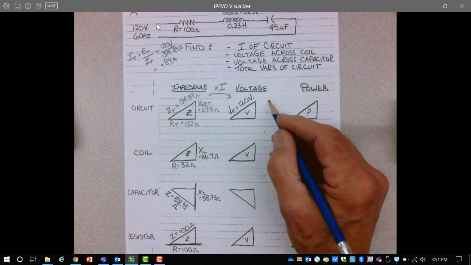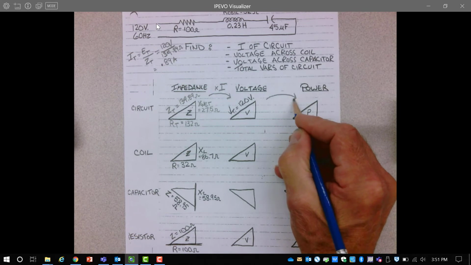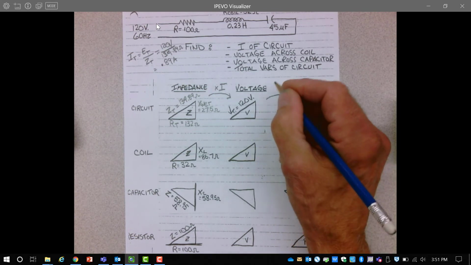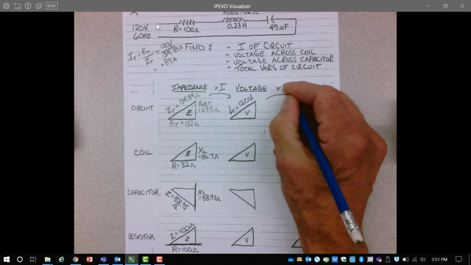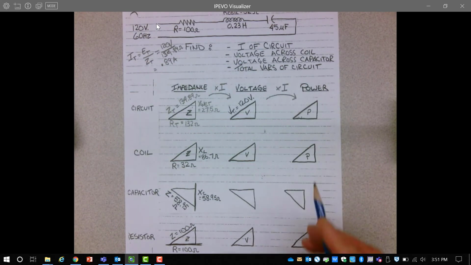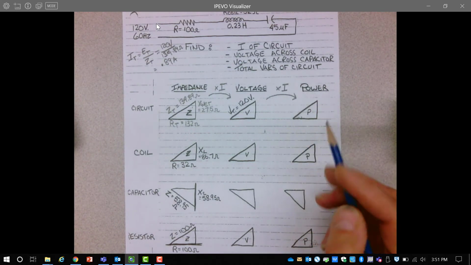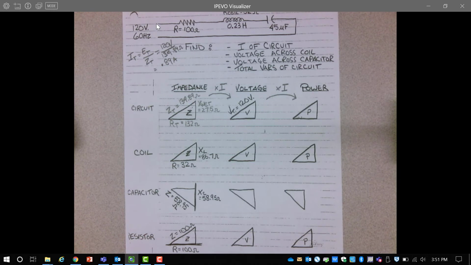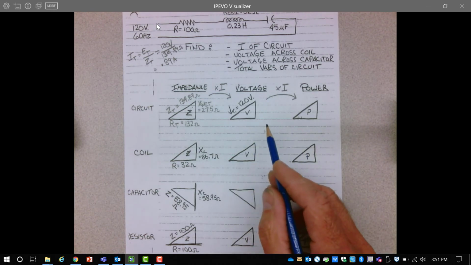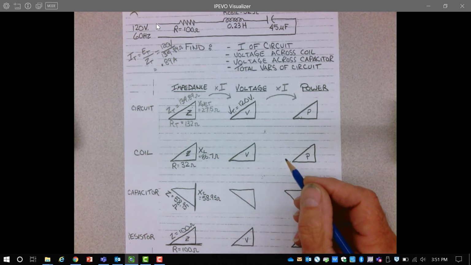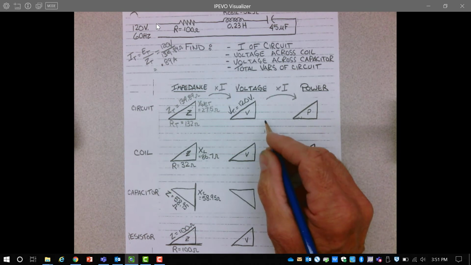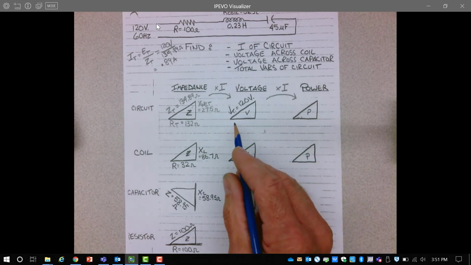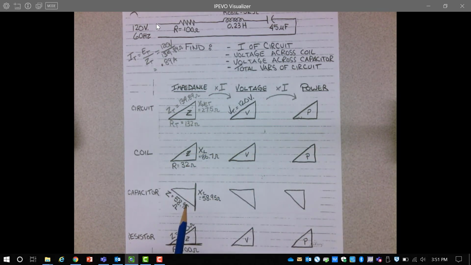To go from voltage to power, all I need to do is multiply the value from the voltage triangle times the current of the circuit, which will give me the same side of the power triangle. We can come back the same way, only we divide by current. To go from power back to voltage, I divide by I. From voltage back to impedance, I would divide by I.